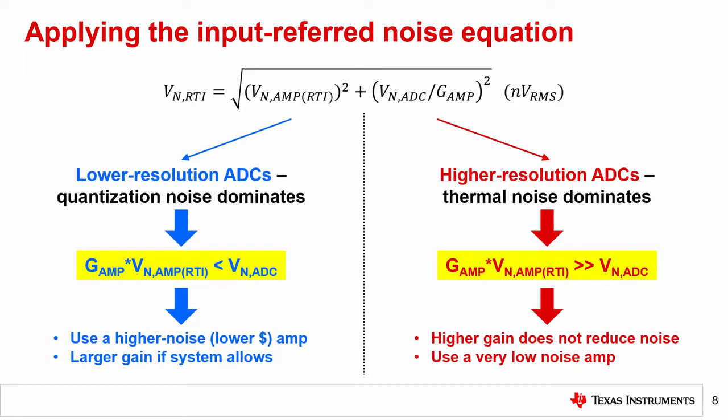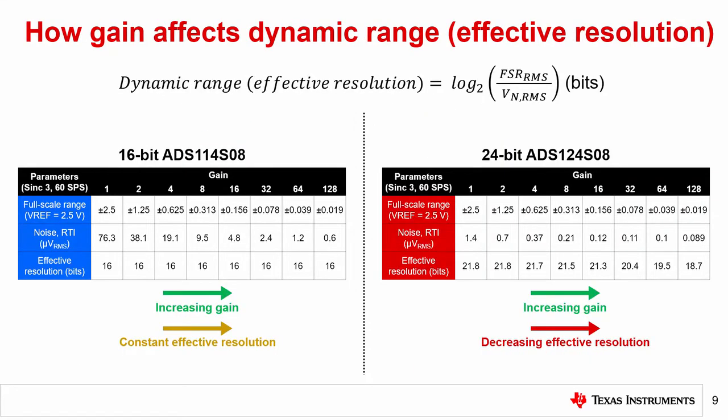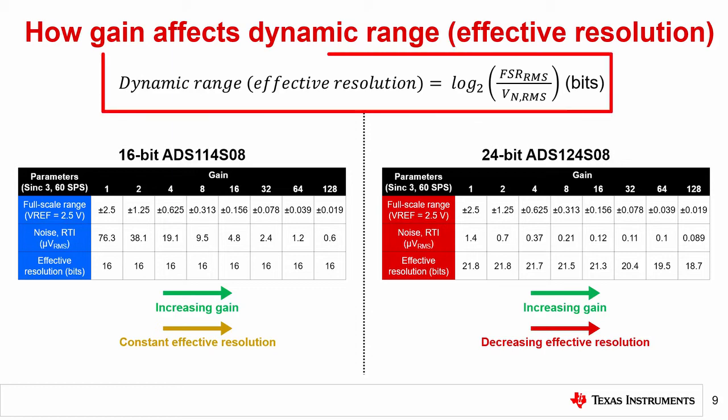Now that we have discussed both full-scale range and noise, we can apply this information to understand how gain affects dynamic range performance for lower and higher resolution ADCs. Recall from the Precision Labs module on noise measurement methods and parameters that dynamic range is a category of measurement types. One such dynamic range measurement is effective resolution, which is defined by the equation at the top of this slide.